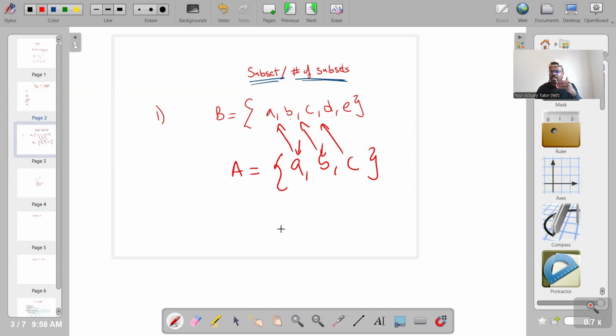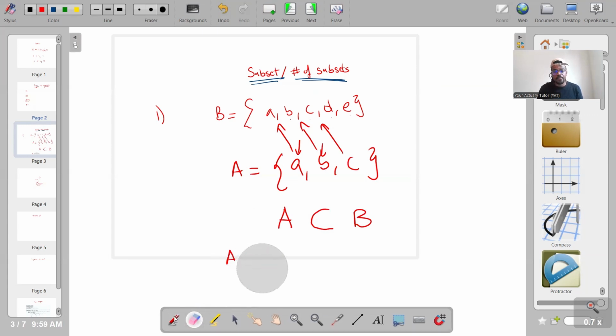So then how do I write it with the notation now? A, this is the symbol, write it down, is a subset of B. The words: set A is a subset of B, all right?